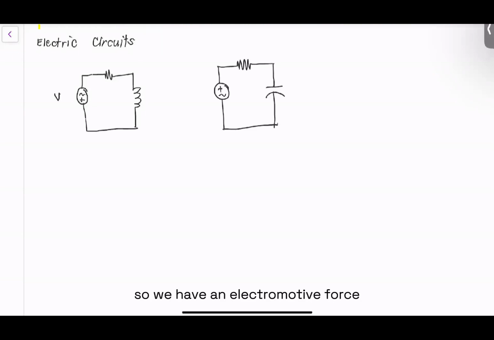So we have an electromotive force, which we're going to call Vs, a resistor, and an inductor or capacitor.